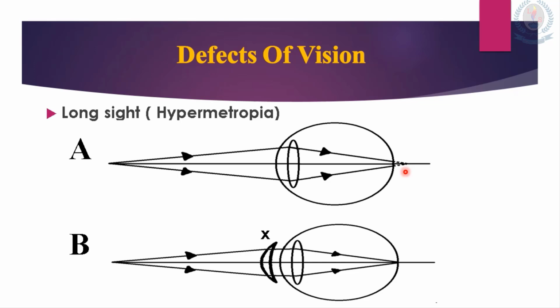Therefore, the images become unclear. See this? The red point is behind the retina.